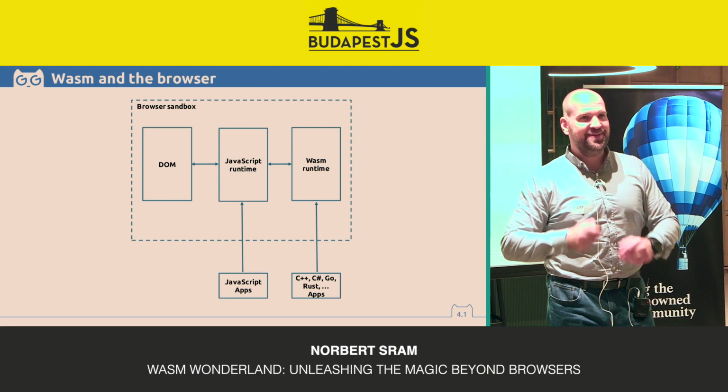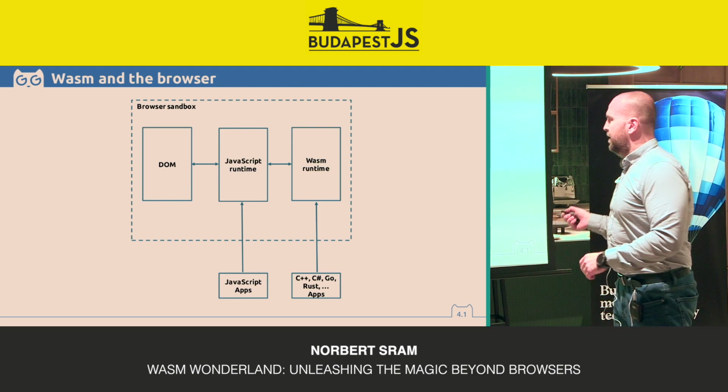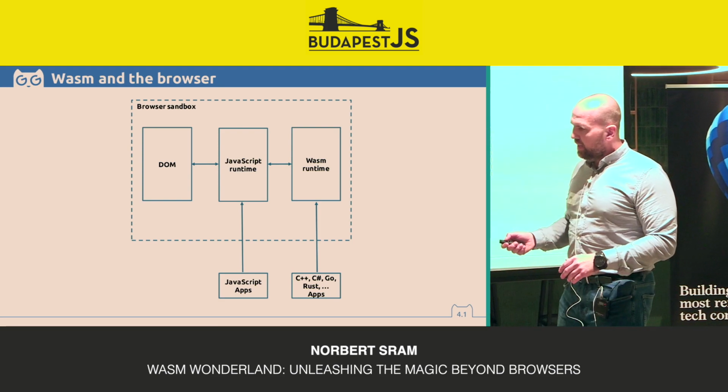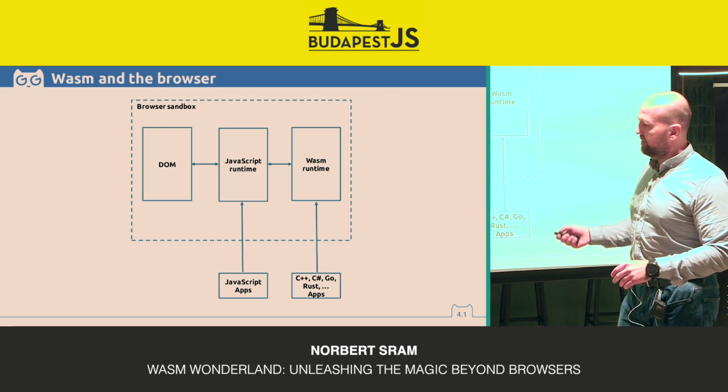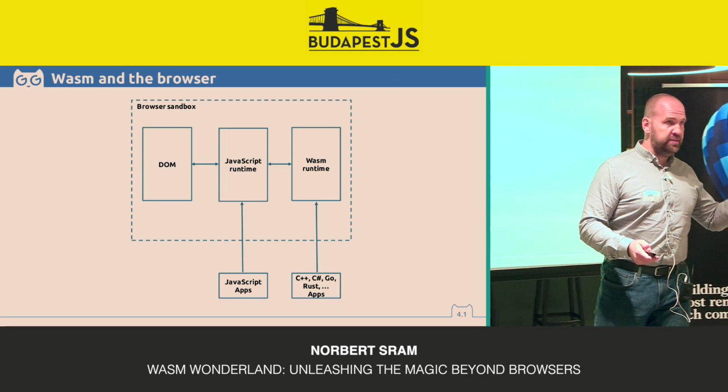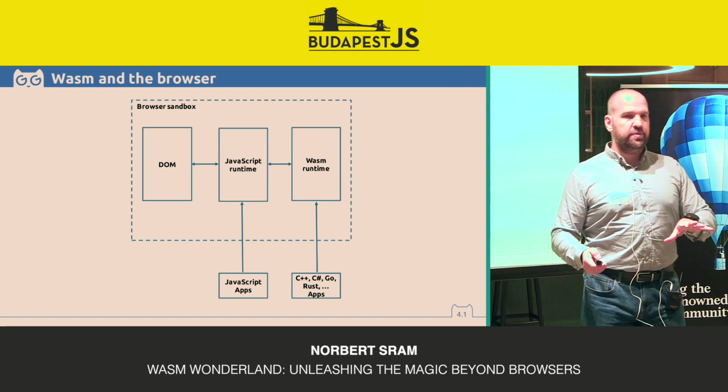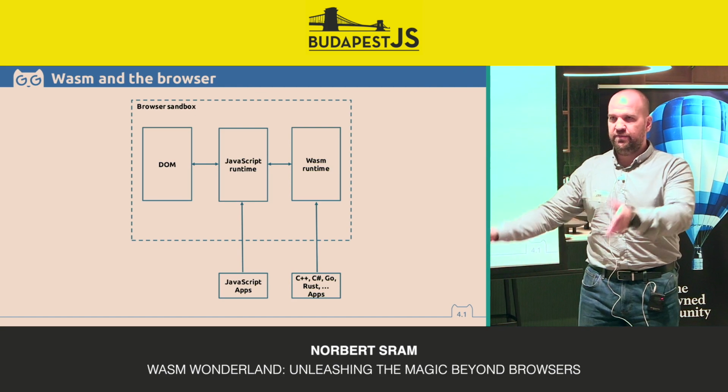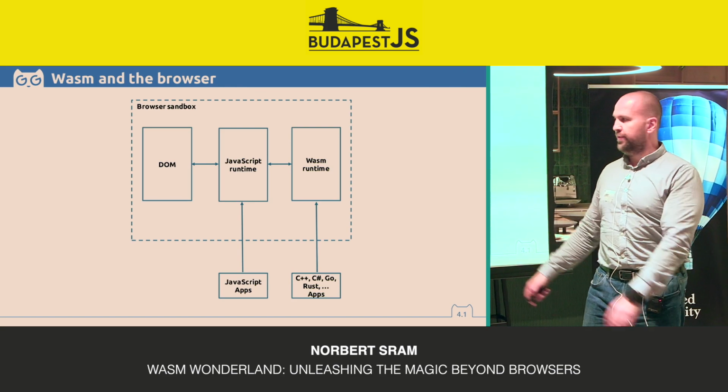Can be JavaScript as well. And then you do your magic. And I will highlight the importance of this setup, but again, here the host is the browser and JavaScript. And Wasm is a sidecar we are using to offload some of our work.